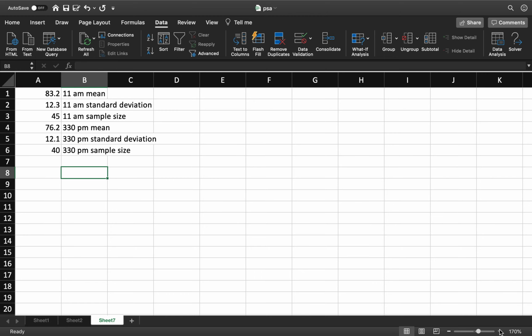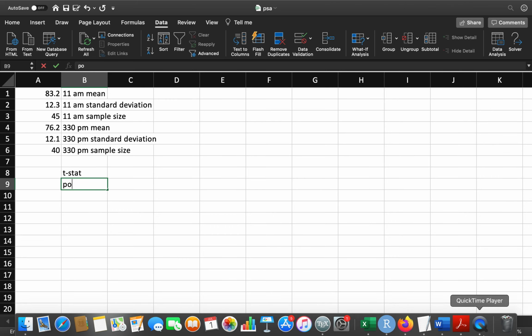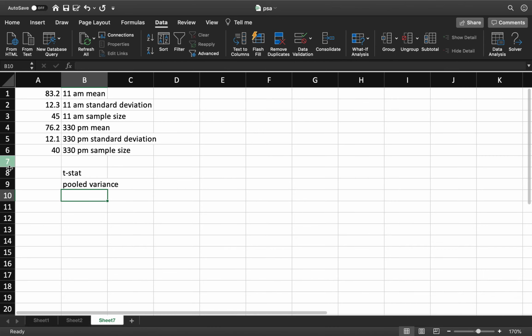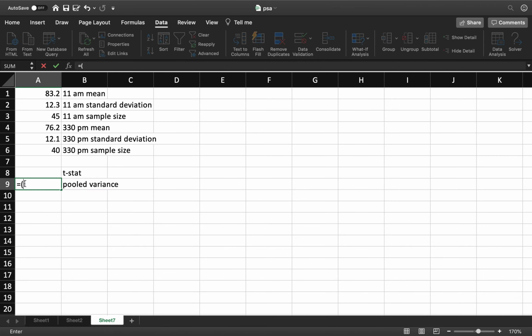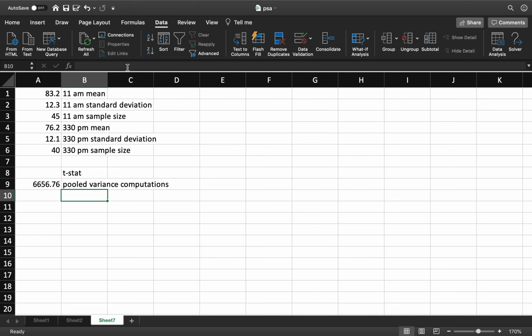Okay, test statistic. Let's look at the pooled variance. I have N1 minus 1. So N1 is the sample size for 11 o'clock minus 1 times the standard deviation squared. So this is the first sample.